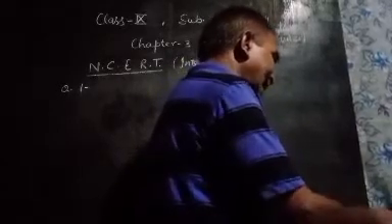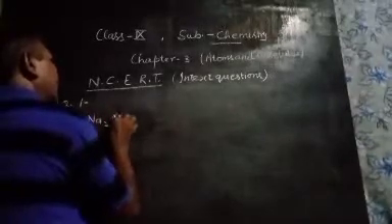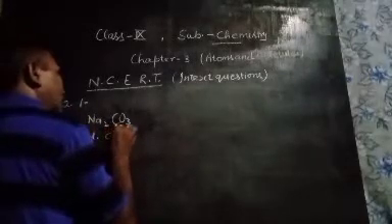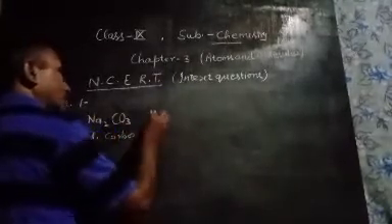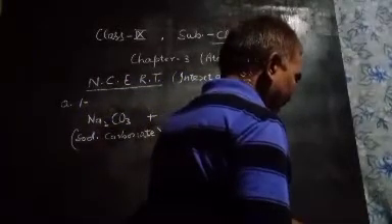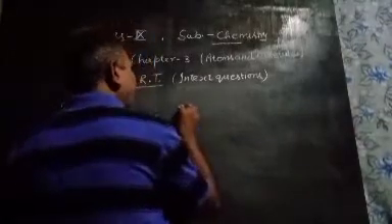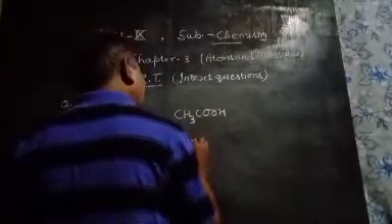In the reaction, the reactants are sodium carbonate, Na2CO3, which is 5.3 gram, and ethanoic acid, CH3COOH, which is 6 gram.